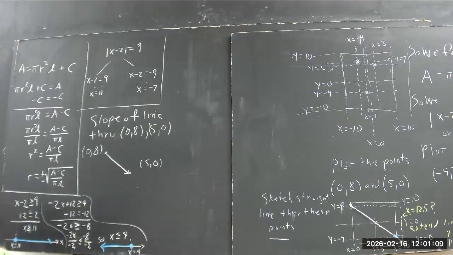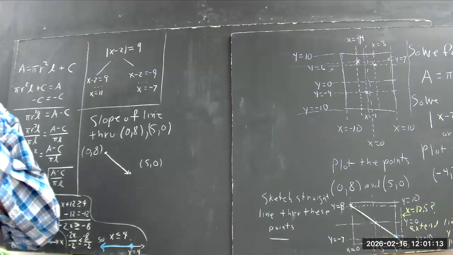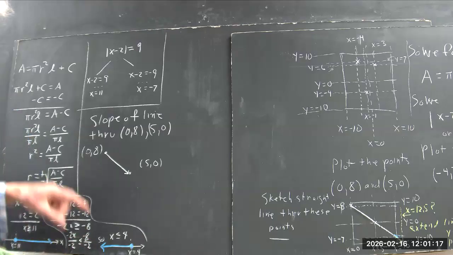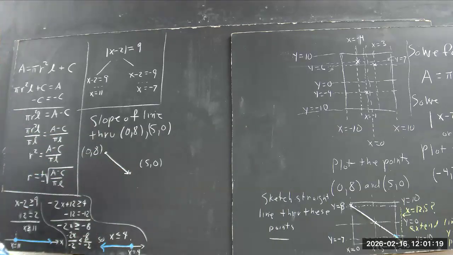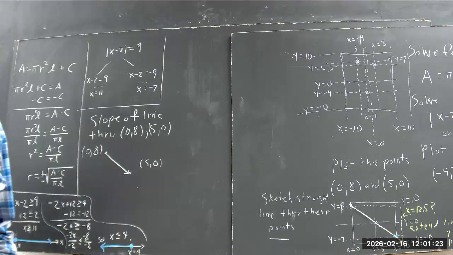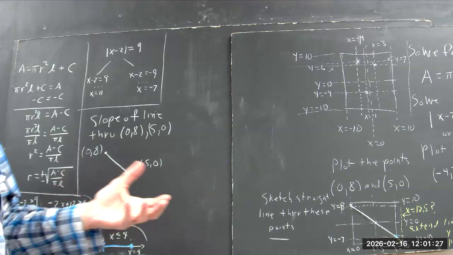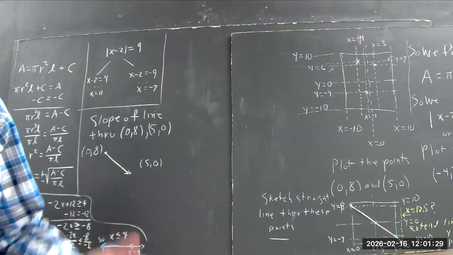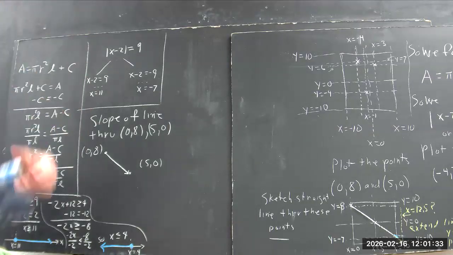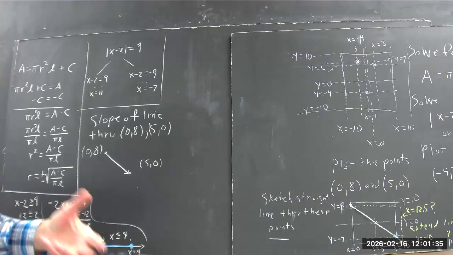Okay, now notice that with incredible intelligence and foresight, I labeled these things so that I could go this way or this way. And that's probably the most foresightful thing I've done all semester. Anyhow, it's very easy.